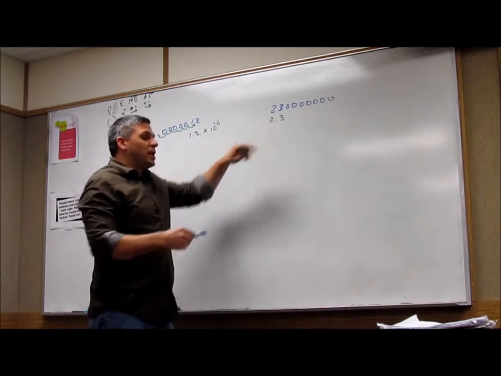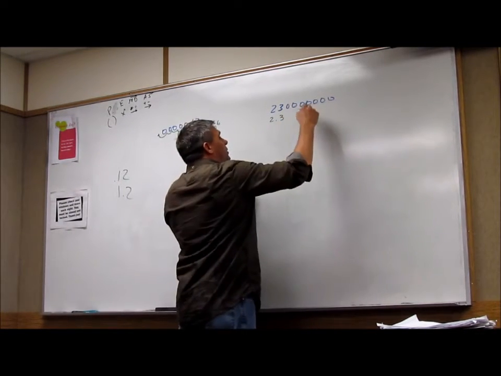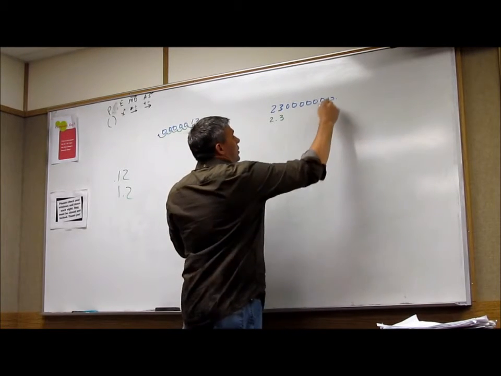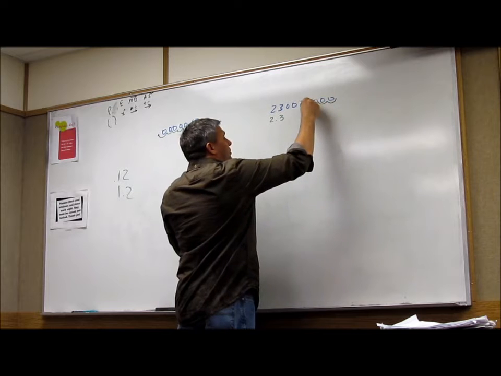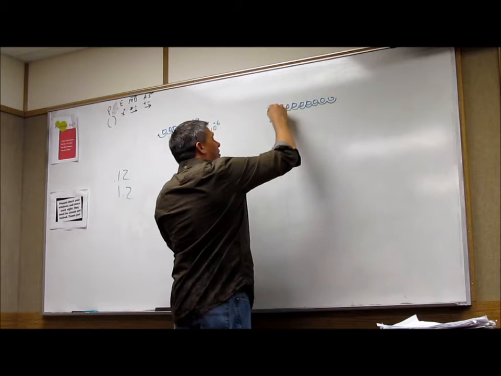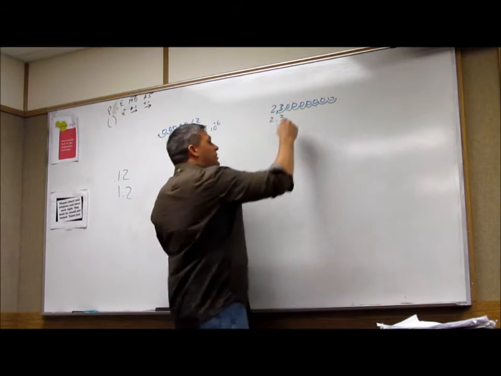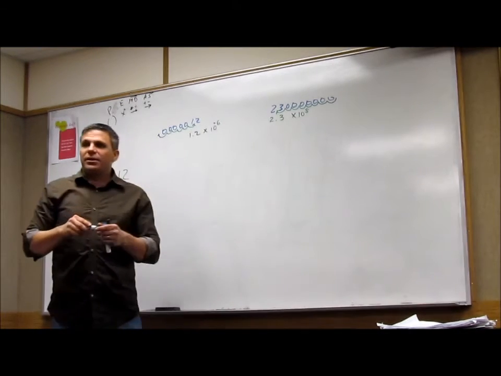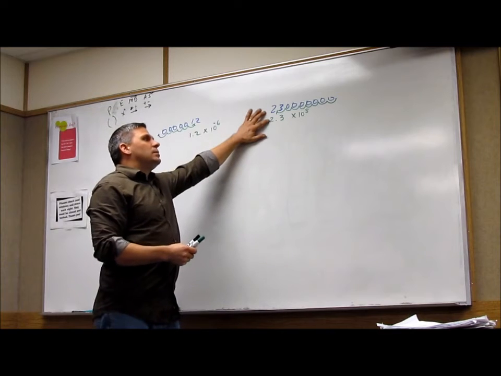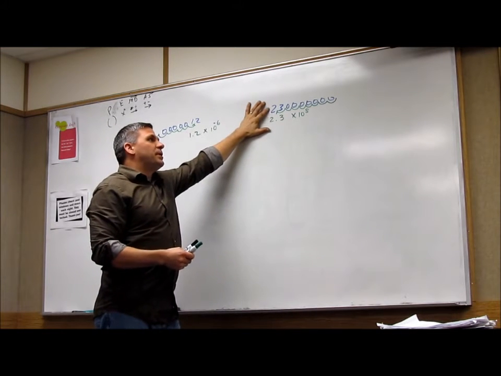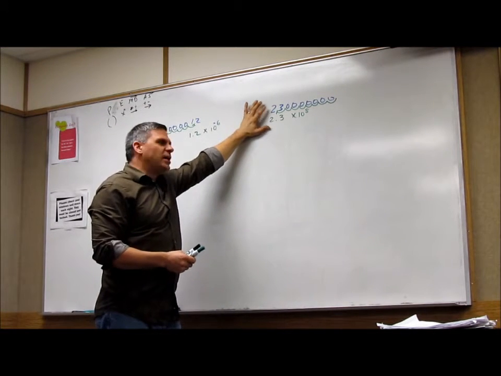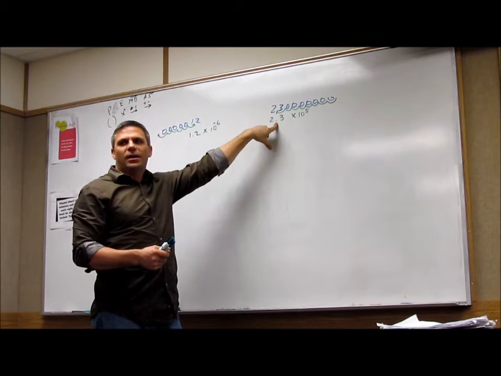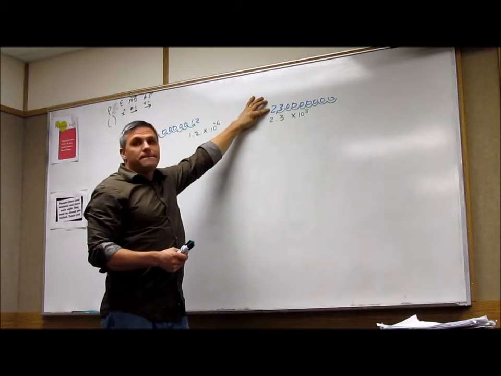So when we do this one, I go, well, to get there, I have to go 1, 2, 3, 4, 5, 6, 7, 8. So there's times 10 to the 8. And I look at it and I say, well, is this number bigger or smaller than this number right here? Smaller. And this one, it's bigger.